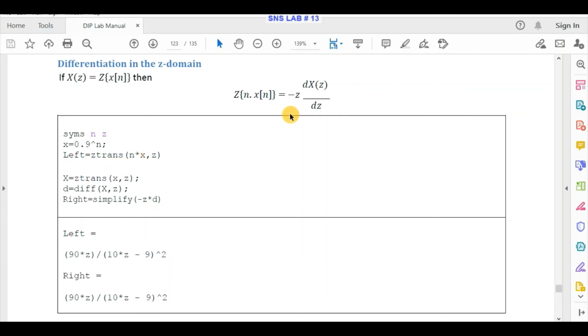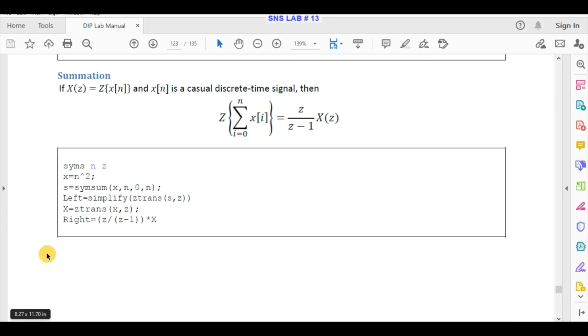After that, on the right side, which is equal to the z transform of x multiplied by minus z, you can see the z transform, and after differentiating with respect to z and multiplying it with minus z, we will get the result of the left hand side and right hand side. Here we can see both results are equal, so we can state that this property, which is differentiation in the z domain, has been verified.